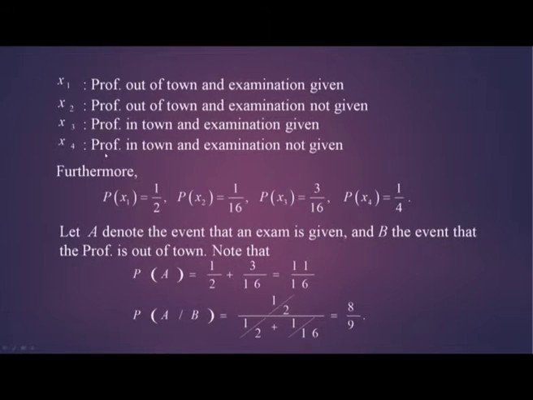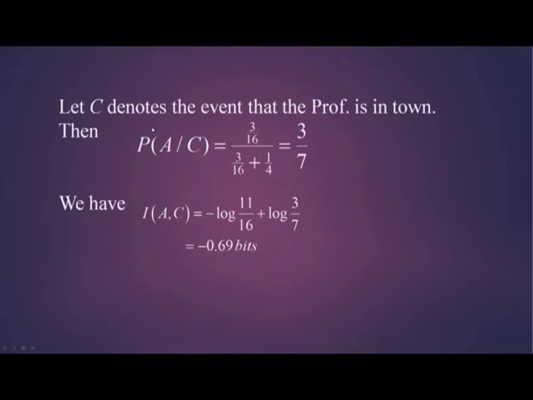So, that is occurring here, professor is in town and examination is given. So, x3. So, that means we have to take the probability of x3, that will be 3 by 16. So, if we simplify this, we will get 3 by 7.